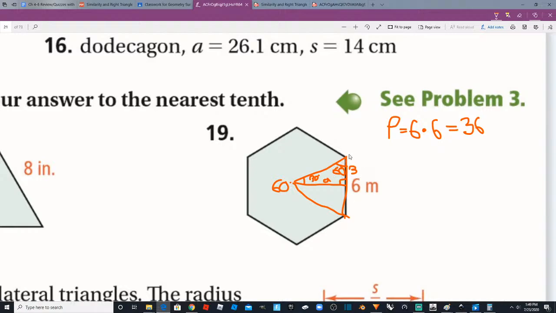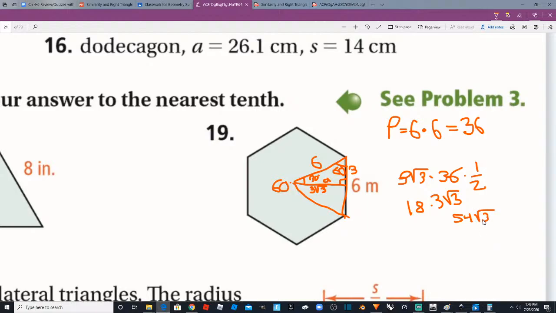That'll be 3, so the hypotenuse has to be 6 because the hypotenuse is double, and the apothem will be 3 times root 3. So you have to take the apothem, multiply by 36, multiply by 1/2, we'll get 18 times 3 root 3, get 54 root 3.